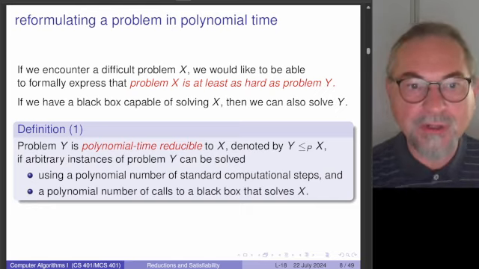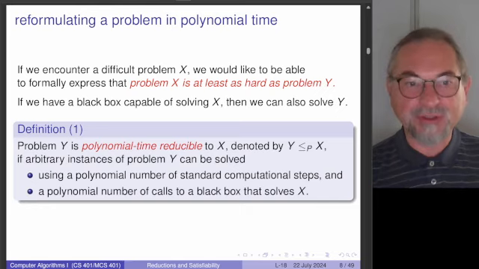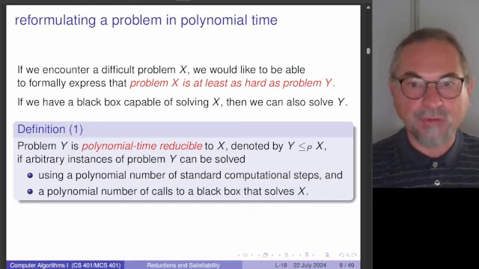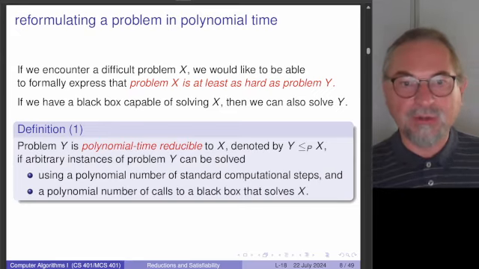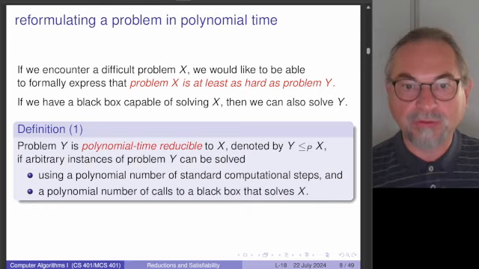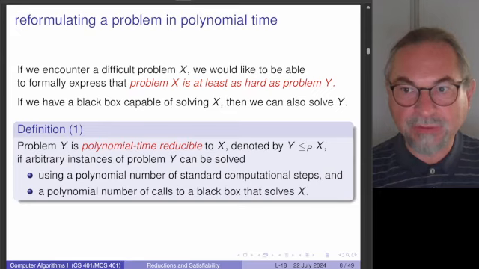So the input of Y can grow arbitrarily large, and the number of basic computational steps that you need to reformulate Y into an input for X is polynomial, and then you can solve it. We actually allow not only one call, but also a polynomial number of calls to the black box solver. So it is more general than what we did last time.